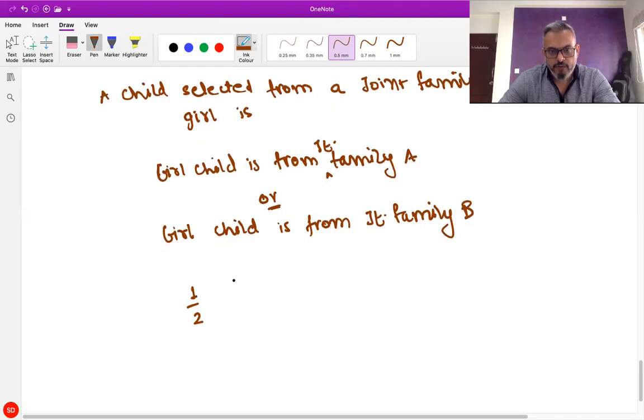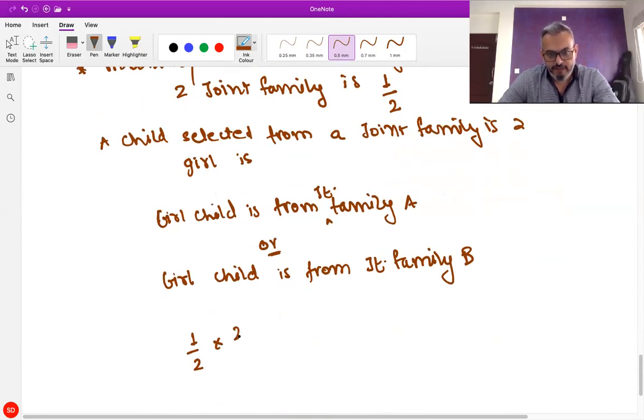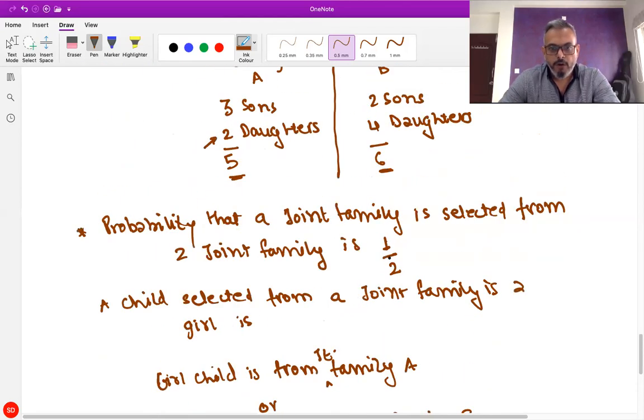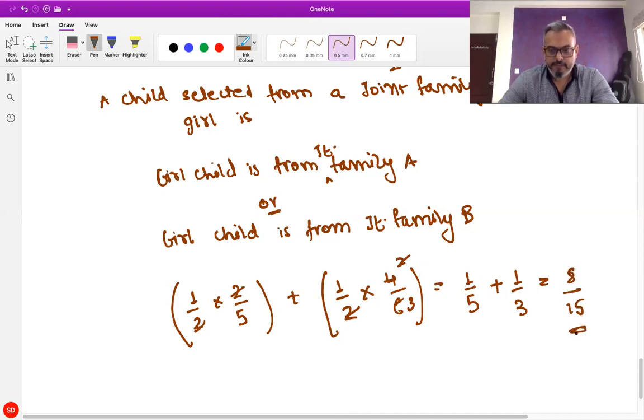So it is 1/2. गर्ल चाइल्ड तो फैमिली ए में गर्ल चाइल्ड यानी 2 डॉटर, सो 2 में से एक, और 5 में से एक, सो 2/5 और है तो प्लस अगेन फैमिली बी सिलेक्ट होने का प्रोबेबिलिटी इज 1/2 और उसमें से गर्ल चाइल्ड यानी 4 में 4 गर्ल्स आउट ऑफ 6 मेंबर्स, so 4C1/6C1 which is equal to your 2 cancel, 2 twos are, so it is 1/5 plus 2/6, 1/3 which is equal to 3 cross multiply 3, 5, 8/15 answer.